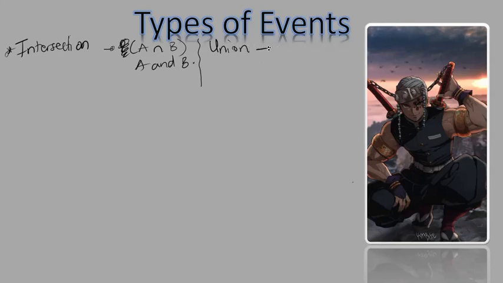For the union, the notation is A∪B, or we can say A or B, right? Here we are talking about shared outcomes, what is shared between the two. And for the union, we're talking about something that is in either A or B, but don't count the same thing twice, right? And then we spoke about other things also, like the general rule of probability.